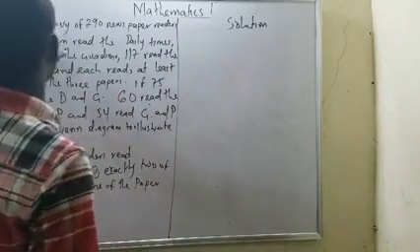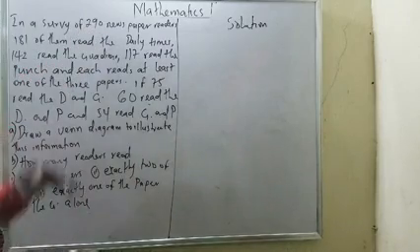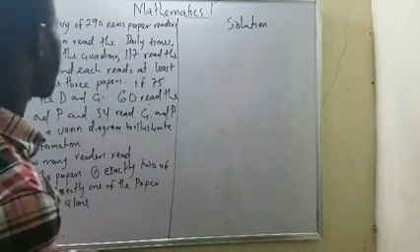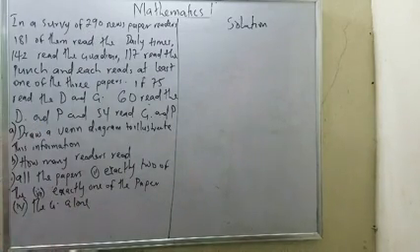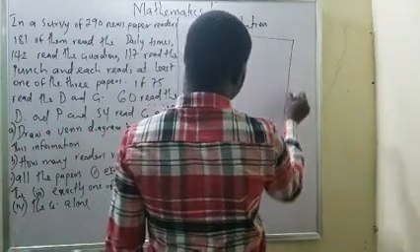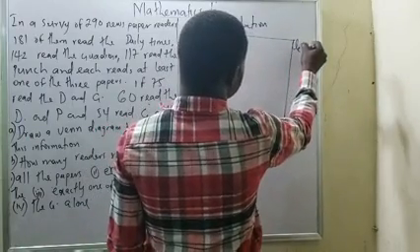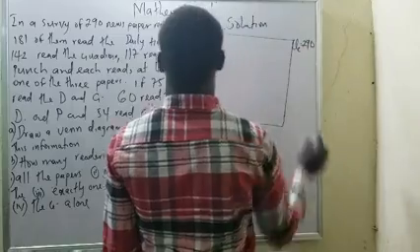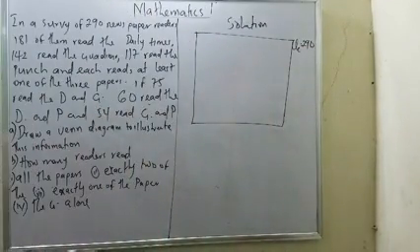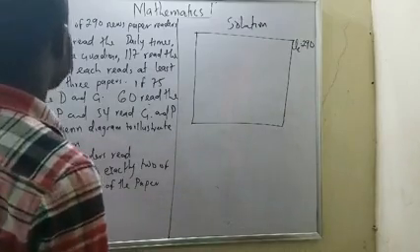Now, in a survey of 290 newspaper readers, it means the universal set is 290 people. 181 read the Daily Times.